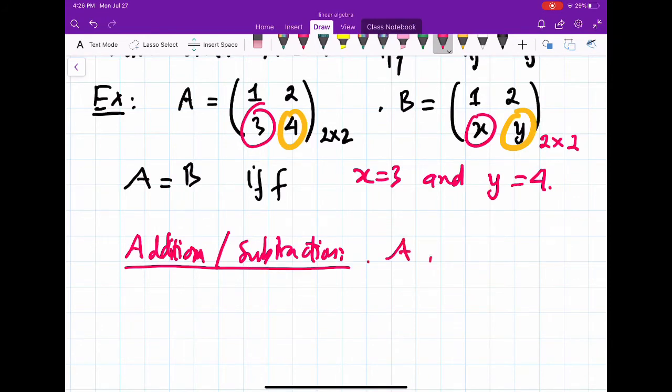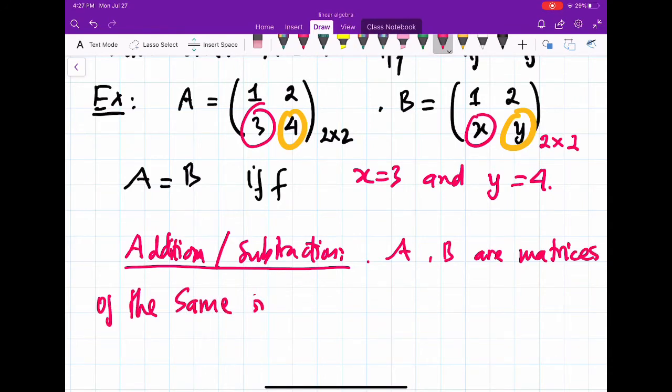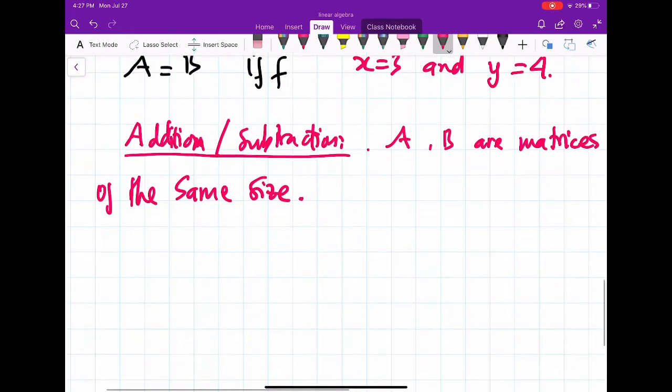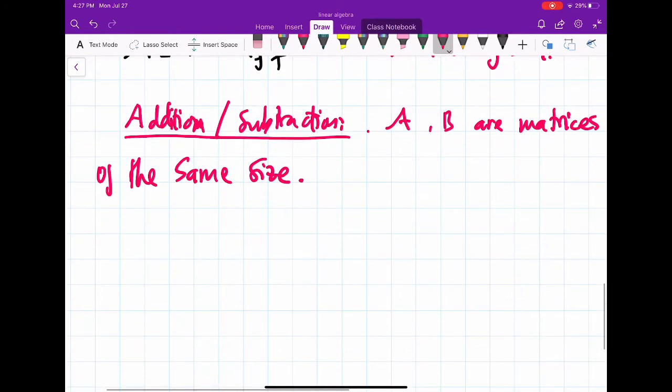Again, if A and B are matrices of the same size, we may define the following matrices: A plus or minus B, that is the matrix of Aij plus or minus Bij.